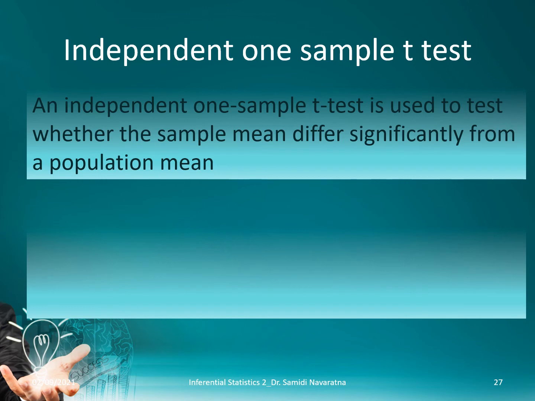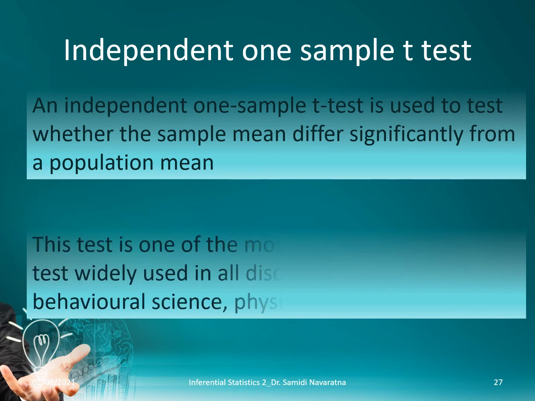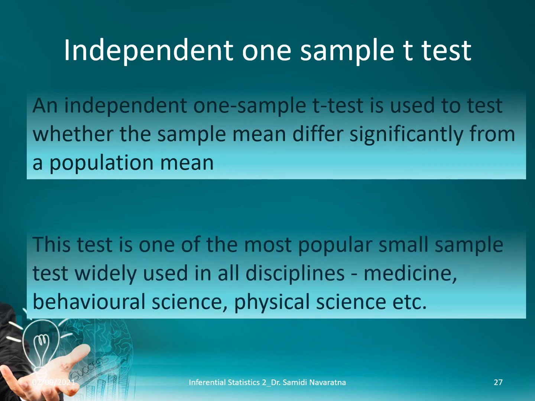Because the sample size is small, the test makes adjustments for the sample size and the standard deviation. Therefore, this is one of the most popular small sample tests, widely used in all disciplines including medicine.